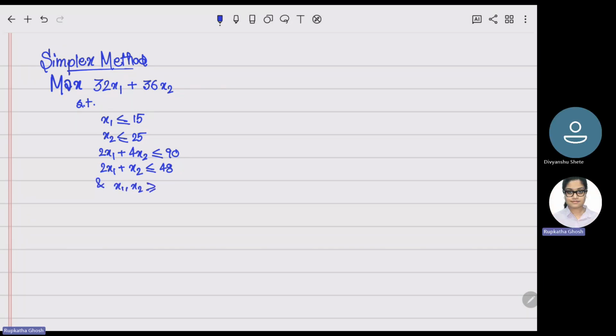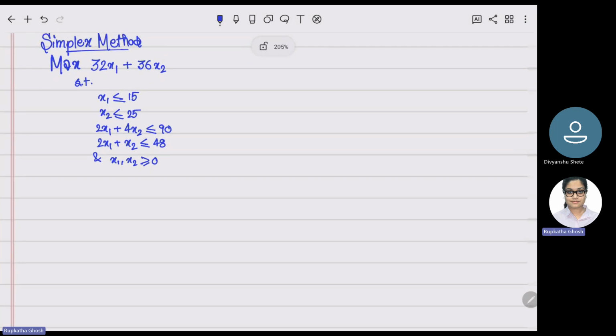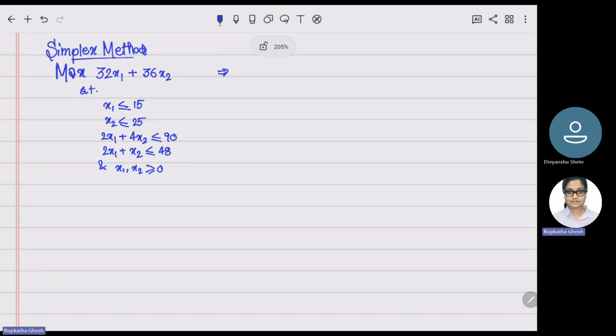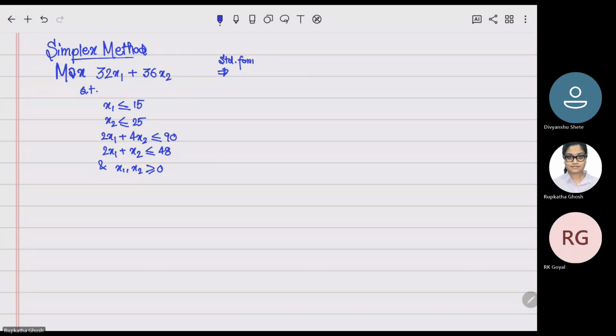So just like any other problem formulation, the first step that we do is we convert this LP into a standard form, right? So how will it look? That will be max 32x1 plus 36x2 subject to x1 plus s1 is equal to 15, x2 plus s2 is equal to 25.